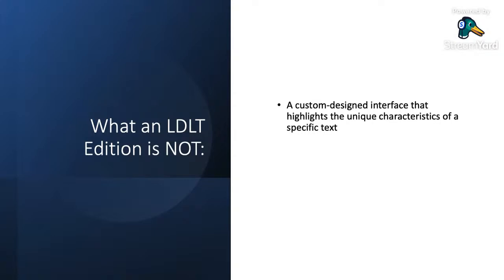It's important that people can take that data and make those interfaces that highlight specific aspects of a text, that they can develop tools for using it if they want to, but our editions are not those things. Those are things that we consider scholarship that can go forward using our data as a source.